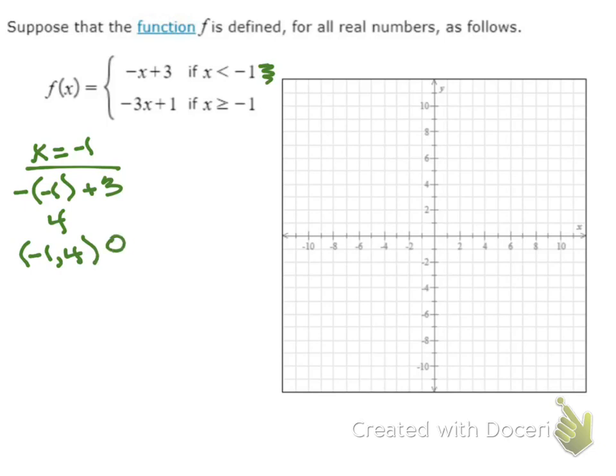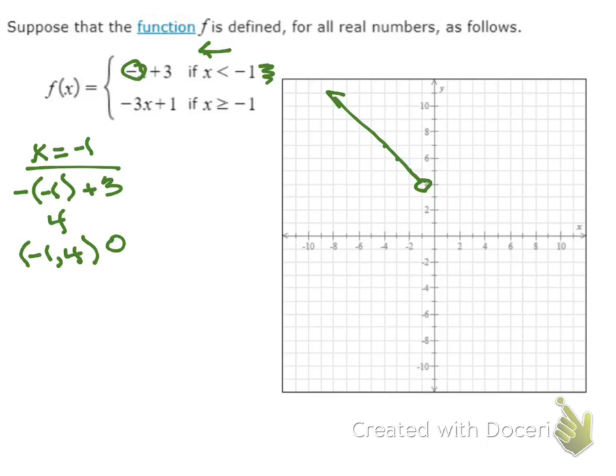And that's less than, so we have an open circle at -1, 4. The slope of this line is -1, but we want to go to the left because this is less than -1. For a negative slope, we would usually go down 1, right 1, or we can go up 1, left 1. So here is the first part.